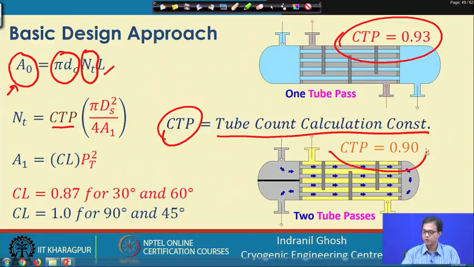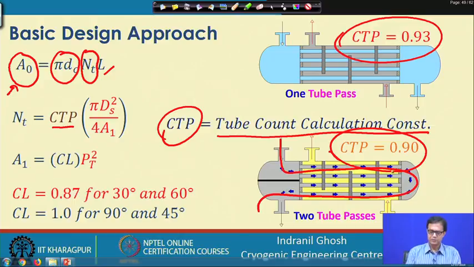For a double tube pass, the fluid enters here, comes like this and goes out like this. In case of double pass, this CTP is 0.90, and for 3 tube passes it will be 0.83.